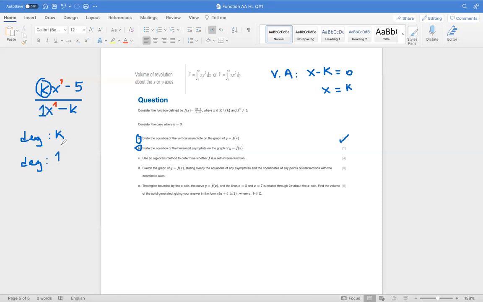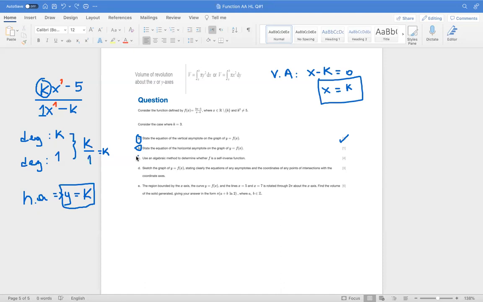You need to check the ratio between them, which is k over 1, which is k. And so my horizontal asymptote will be y equal to k. So x equal to k for the vertical, y equal to k for the horizontal.